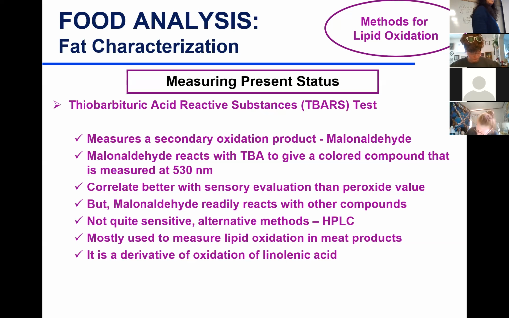It also correlates well with sensory evaluation and peroxide value. But it has a disadvantage: malonaldehyde is still a reactive substance and can react with other substances. Instead of interacting with TBA, it would already interact with other substances, and then you would have an underestimation.